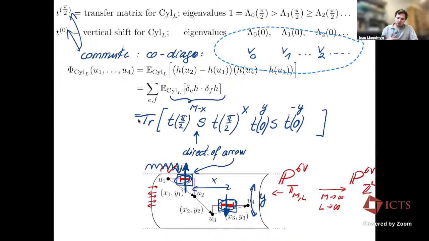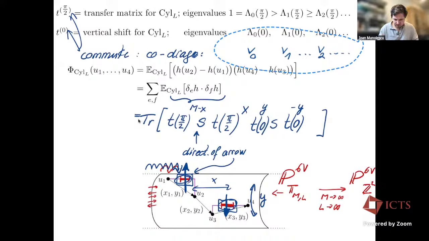I put T pi over 2 and T0 because T0 is actually an instance of the transfer matrix, but with an angle 0. If you look at the isoradial representation, this is what it corresponds to. But you can just say that I'm crazy and I want to call the transfer matrix T pi over 2 and the shift matrix T0. It doesn't matter what it is. By the way, the fact that they commute is immediate if you look at it.